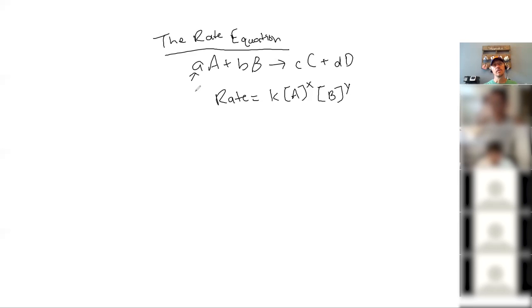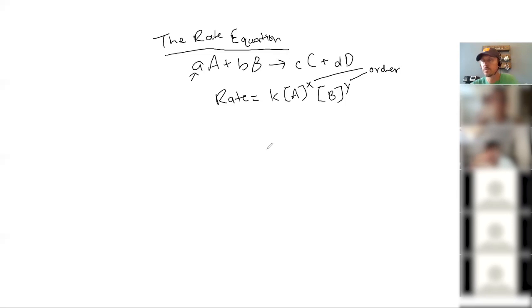That is the value we use in chapter 16 when we're calculating capital K, the equilibrium constant. In this equation, x and y represent what we call the order. And there's no way for you to figure that out. I've got to give it to you, okay?